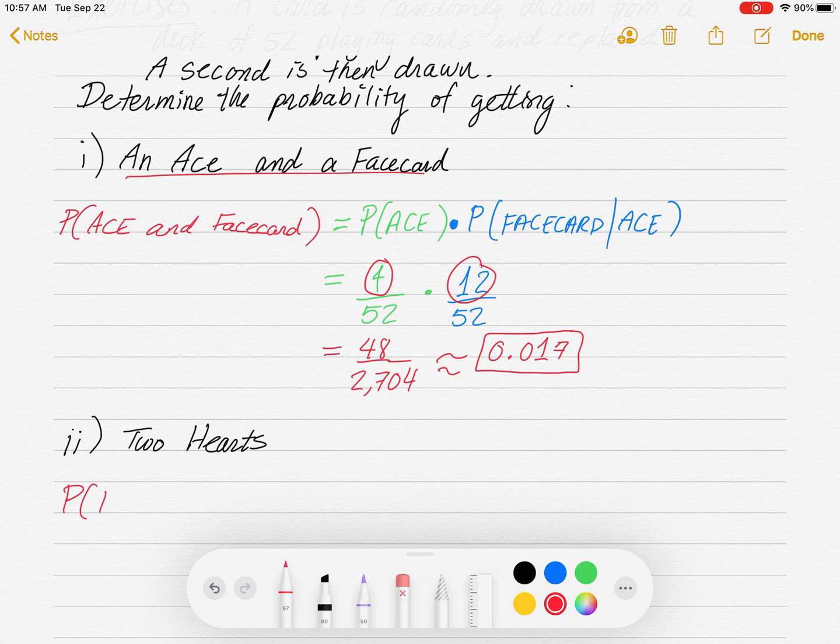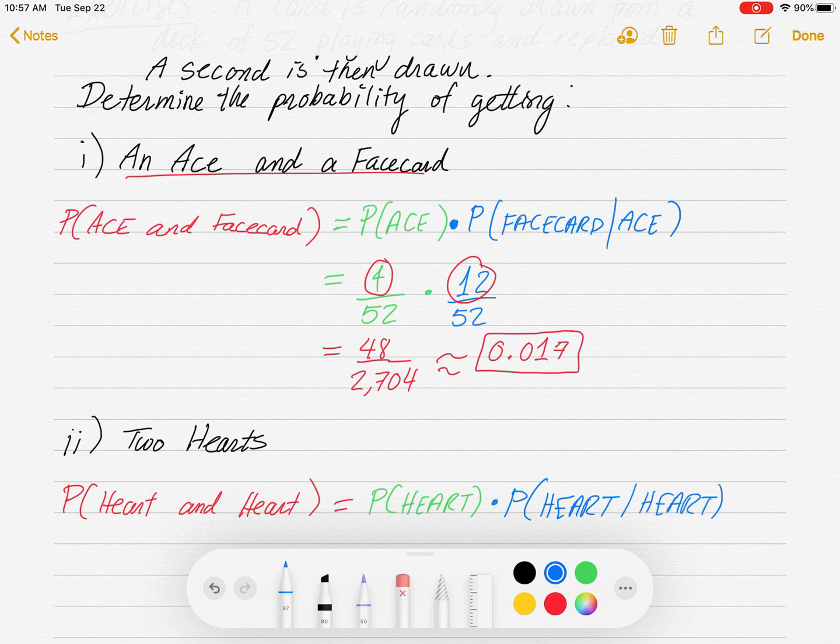That's what it means to get 2 hearts. Well, it'd be the probability of getting first a heart times the probability of getting a heart on the second draw after you've already gotten a heart on the first draw.